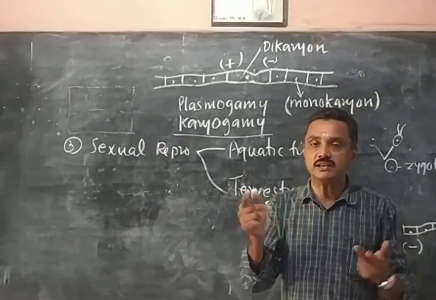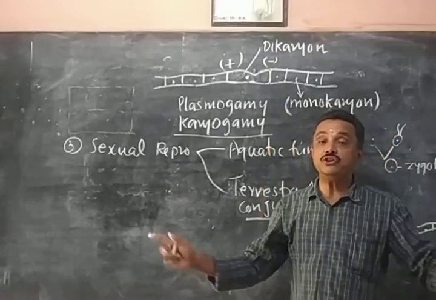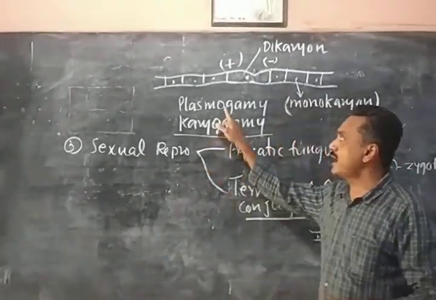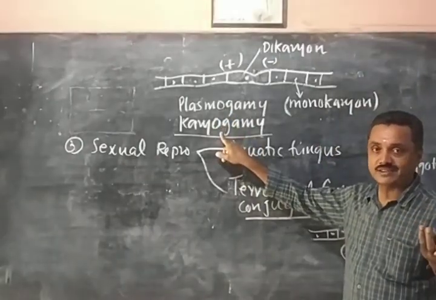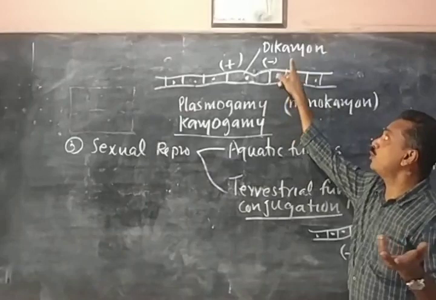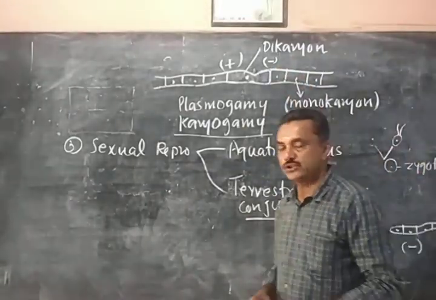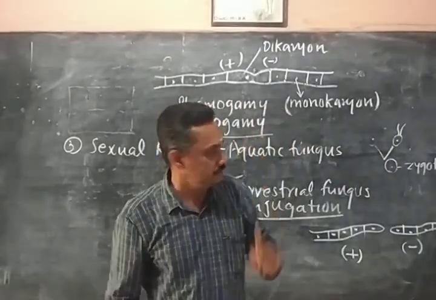In terrestrial fungus, plus and minus hypha join together. That process is called conjugation. During conjugation, protoplasm mixes together, that is called plasmogamy. Then nuclei join together, called karyogamy. Monokaryon and dikaryon are terms related to that. So it is very important. Reproduction in fungus is very, very important.